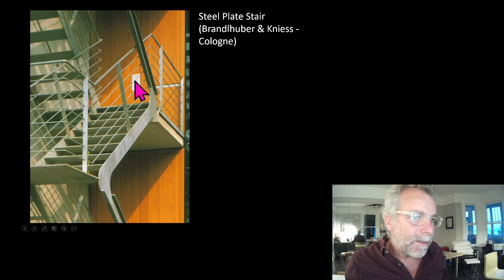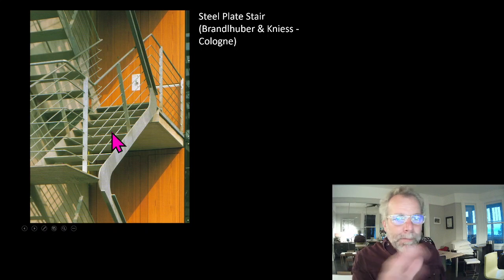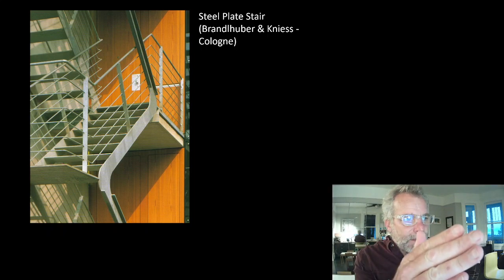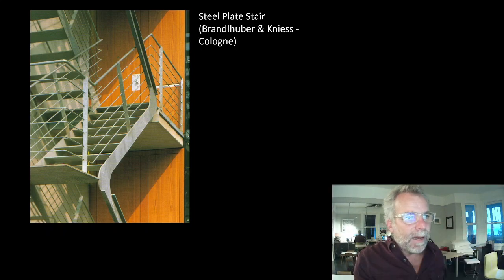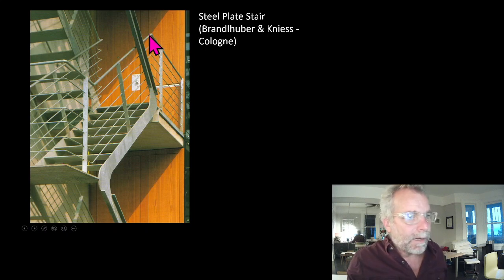It's stiffened. The reason is that the treads themselves brace the plate against buckling, and so it can be a simple plate. As soon as you're out here in the free air, you can't be so slender. It's carrying compression. It needs to be stiffened with some flanges to keep it from buckling laterally.